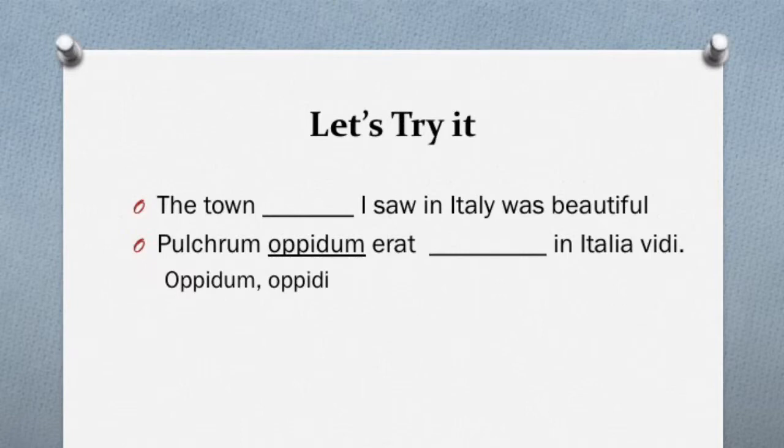Saw is the verb. Who did the seeing? I did. Well, I saw what? I didn't see Italy. I saw towns in Italy. The antecedent towns and the relative pronoun are the same. So that means that my relative pronoun is the object of saw.